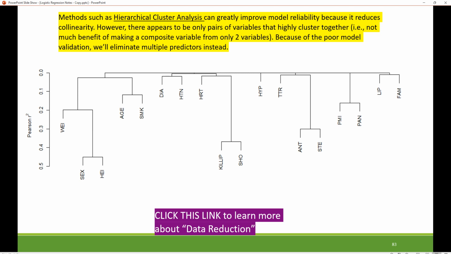So that's maybe not the most useful information for predicting 30-day death. Because of that, and we know that the other things only pair up, we don't see 5 or 6 variables linked together, hierarchical cluster analysis may not help out a lot. So we're going to think about reducing the number of predictors.